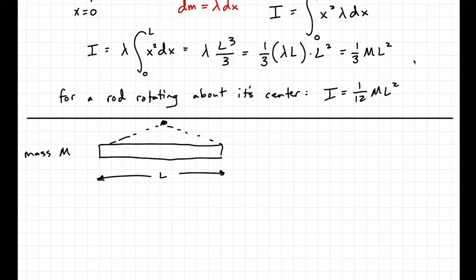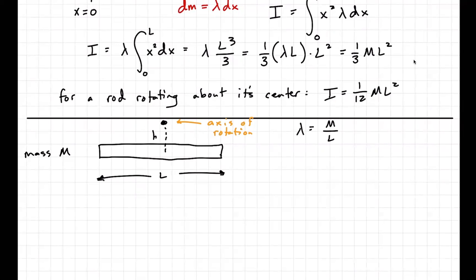But we find some way to rotate it about that point out here. So this is now the axis of rotation out here. And I'm going to say that that is a distance h above the very center of the rod. Okay. And again, we have a constant uniform mass density, lambda equals m over L.